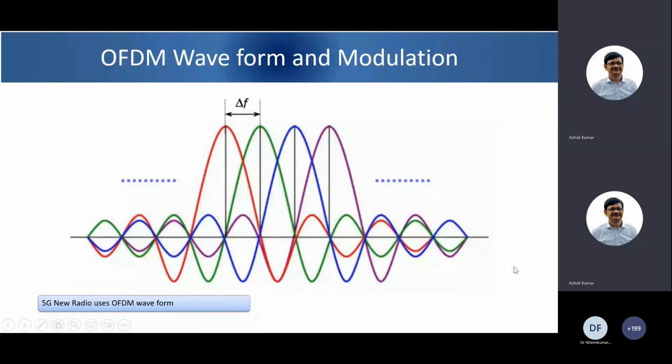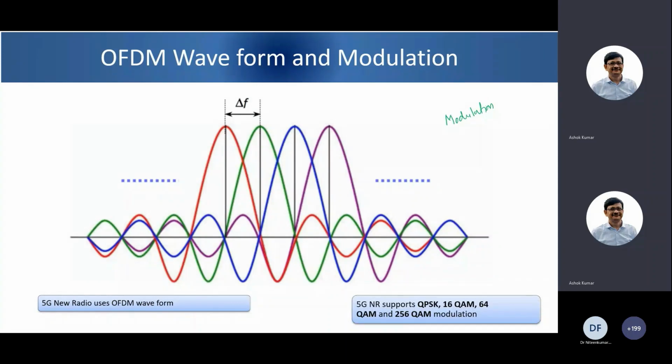Then what kind of modulation do we use in 5G? It is QAM-type modulation, quadrature amplitude modulation. We support QPSK, 16 QAM, 64 QAM, and up to 256 QAM.